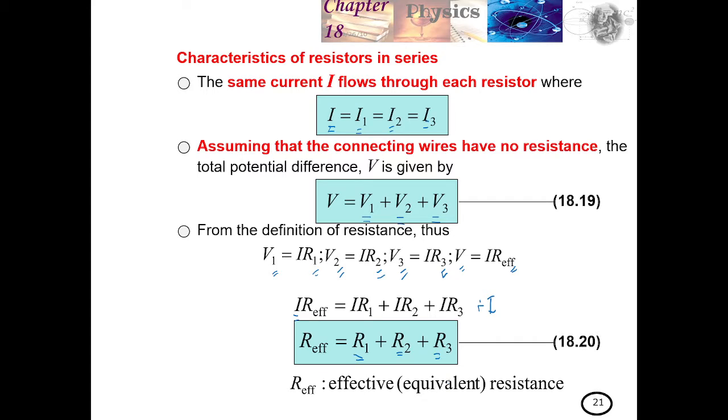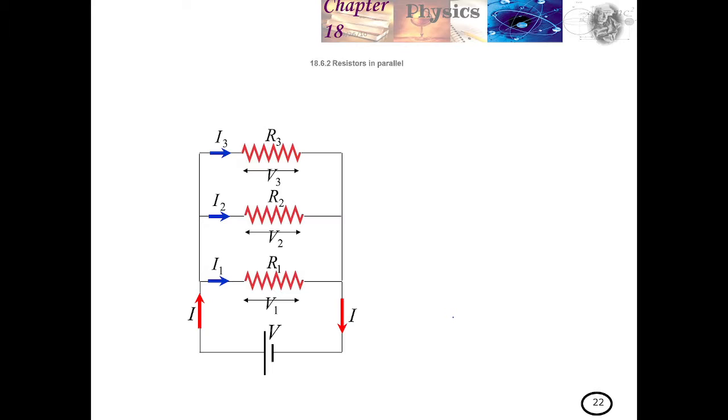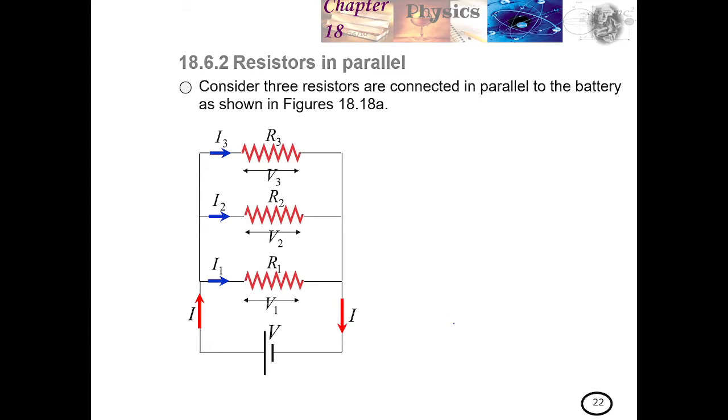Okay, now if we have resistors connected in parallel, let's say resistor 1, resistor 2, and resistor 3 are connected in parallel. We have current I, but you can see there are a first junction, second junction, and third junction over here.